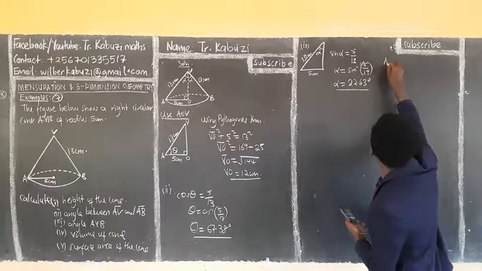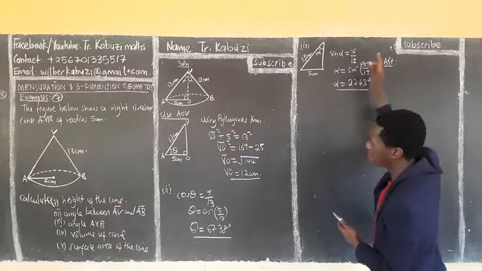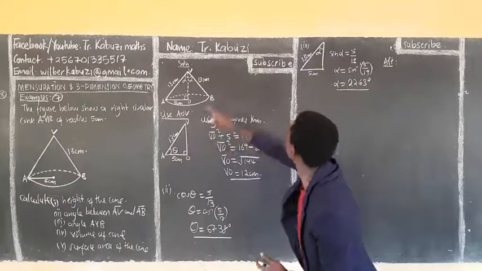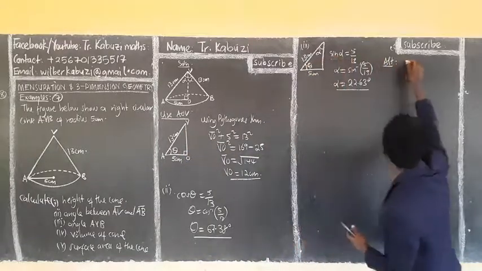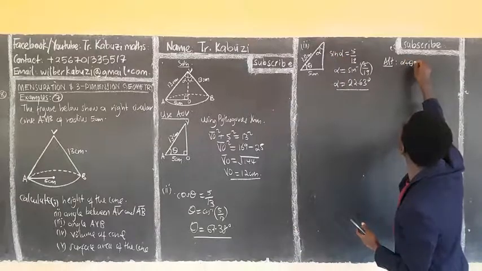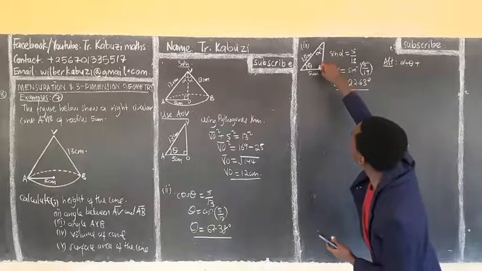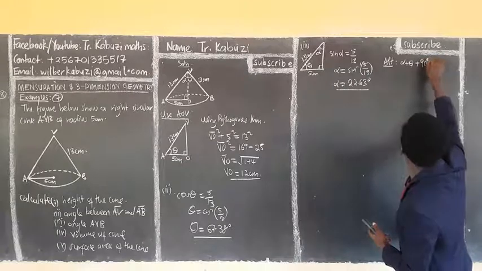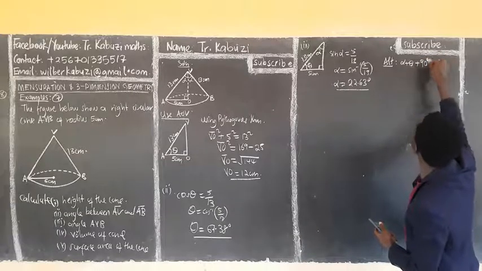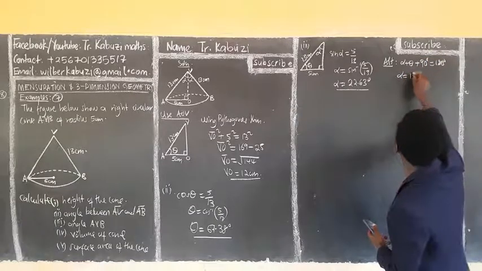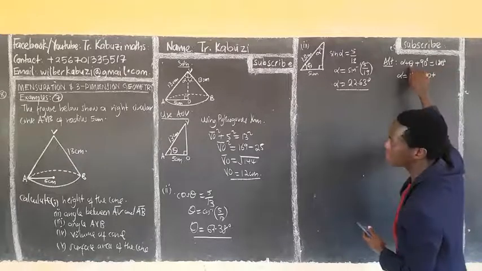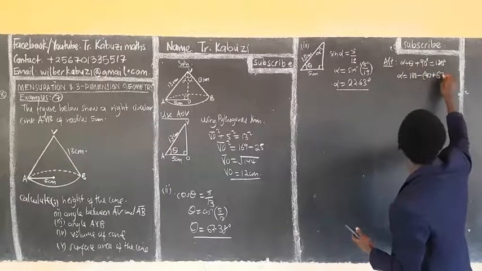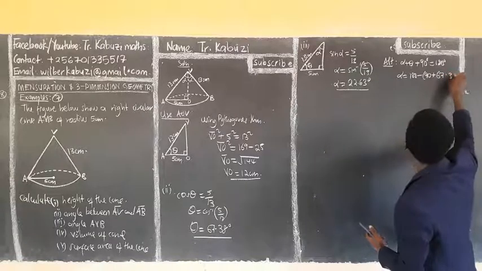Alternatively, you could get this angle by saying when you add this plus this, because this was our theta. So alpha plus theta plus this angle here is 90 degrees, the sum is 180. Meaning that your alpha will be 180 minus 90, then minus this theta, which is 67.38.